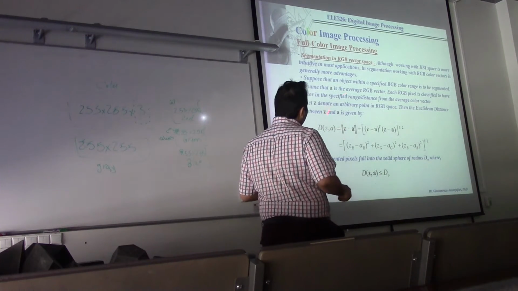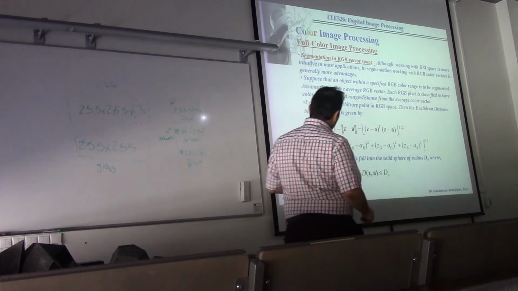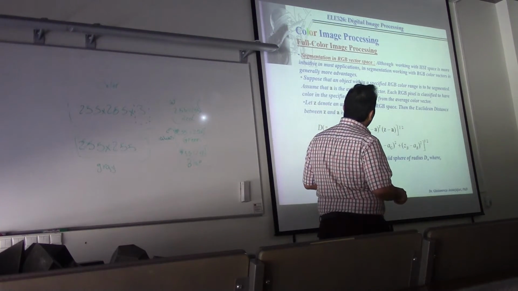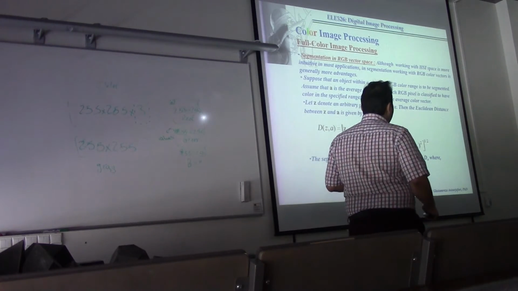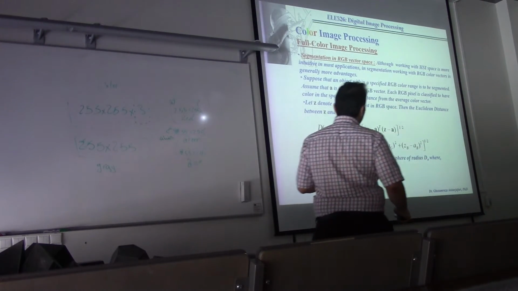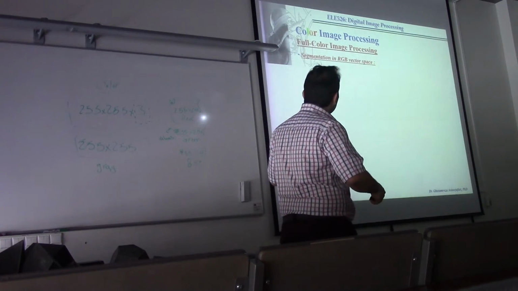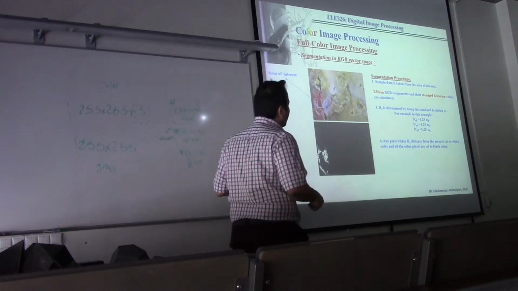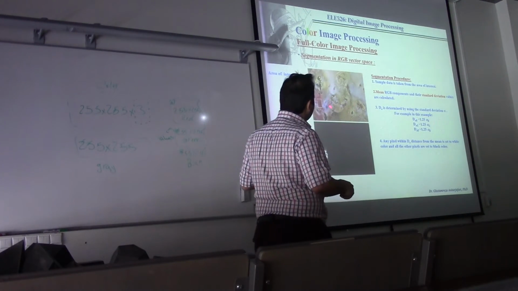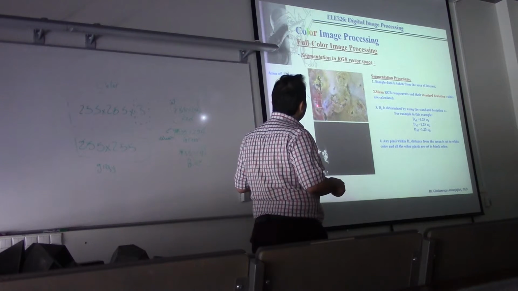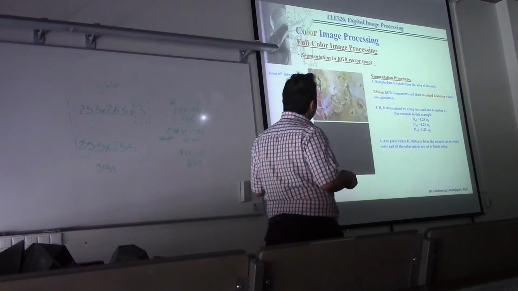between Z and A, where A is the average RGB vector and Z is an arbitrary point in the RGB space. And we can segment it by using this. If you want an example, consider this image. We want to segment this area that we call the area of interest.